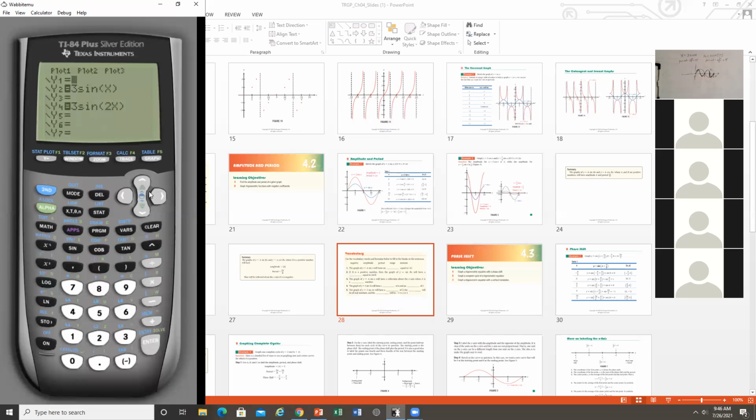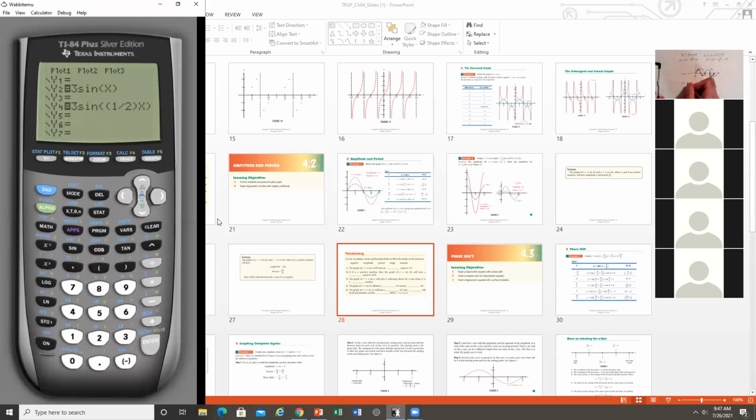All right, so later on, what if we do this? What if we have 3 sine x and we change this other function here from 3 sine 2x to 3 sine 1/2 x? What's going to be the period now of this function 3 sine 1/2 x?